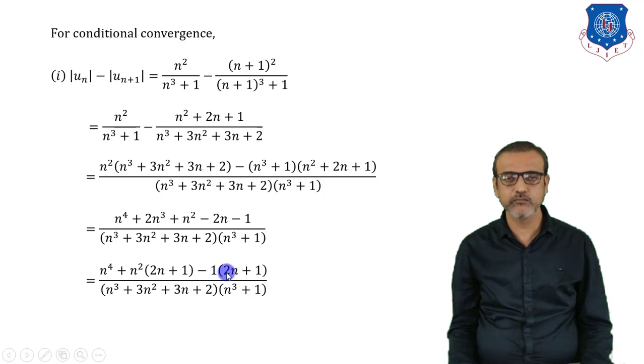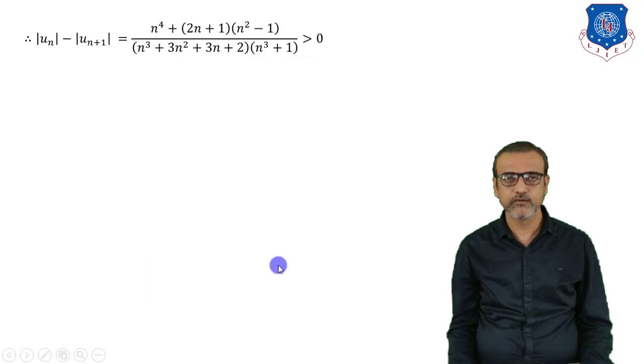We will take 2n plus 1 common from these two terms. Therefore, |un| minus |un+1| is equal to n raised to 4 as it is, plus taking 2n plus 1 common, and into bracket we will be having n square minus 1, upon these two same factors in the denominator, and this is greater than 0.